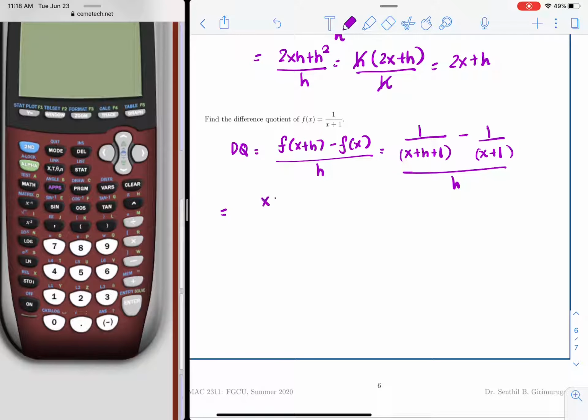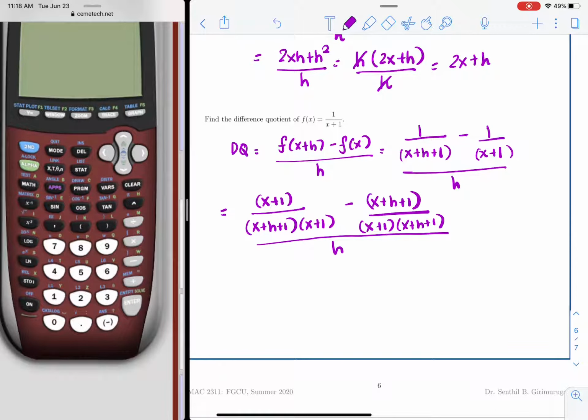So I'm going to multiply and divide by x plus 1, and over here, I'm going to multiply and divide by x plus h plus 1, and divide that by h.